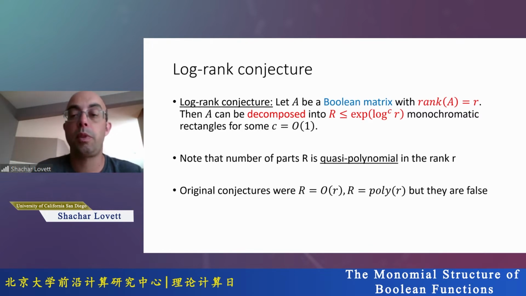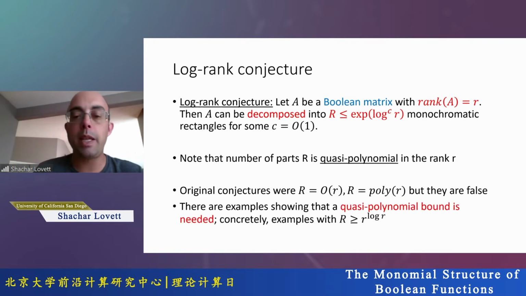Also, people have found counterexamples. The best examples we know are matrices where the number of submatrices you need is rank to the log rank, meaning that in this expression C is 2. So we know there are examples where you need C to be at least 2 in this conjecture, and the conjecture says that if you choose C to be a large enough constant, at least 2, this should hold for all Boolean matrices.